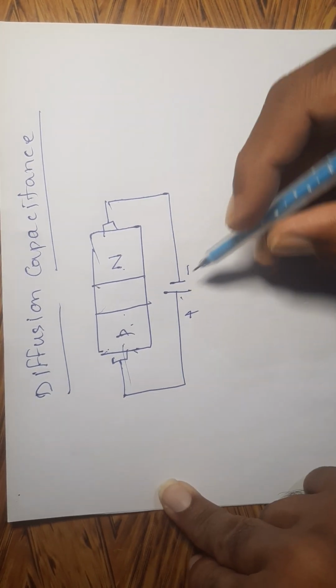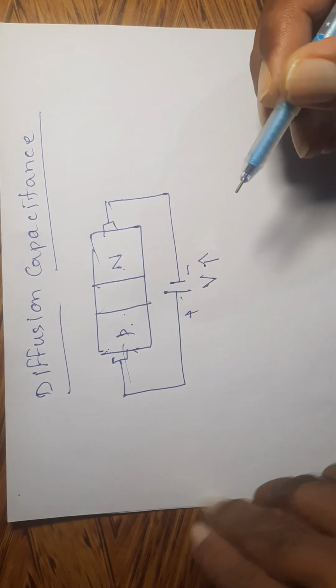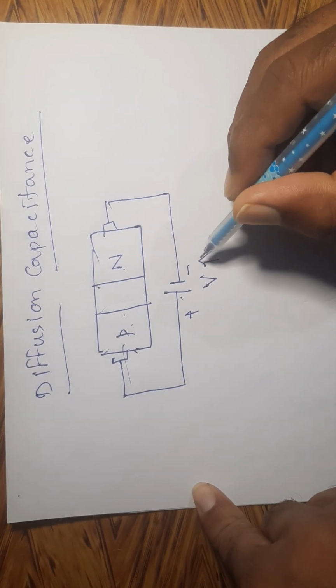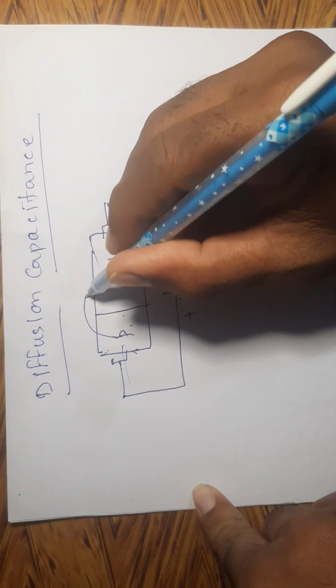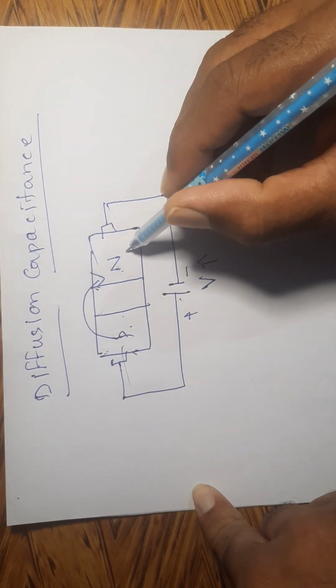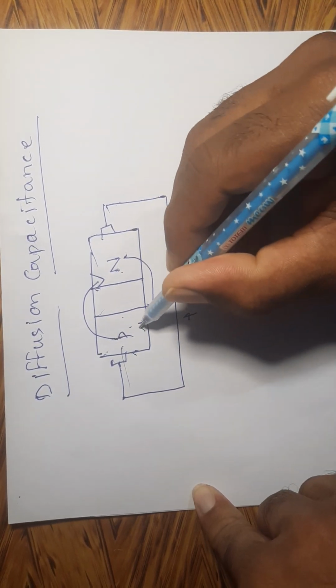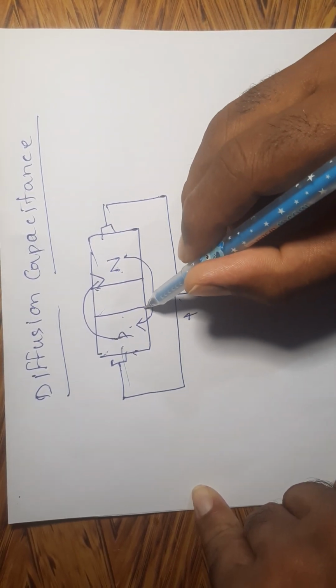Now what will happen in this case? When voltage is applied and increased, holes move from P type to N type, and electrons move from N type to P type. So what about this width?